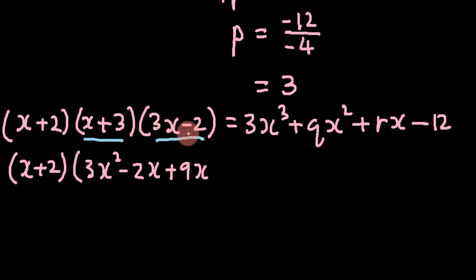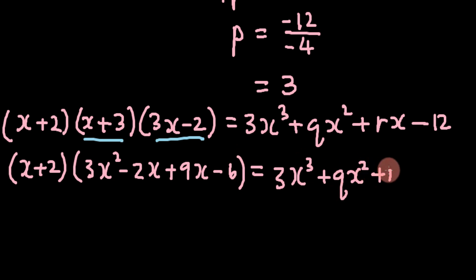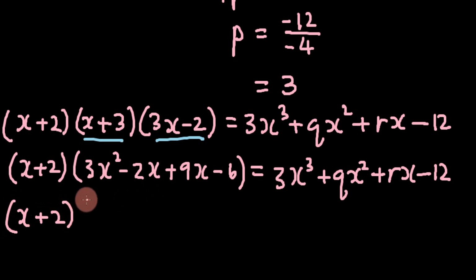And 3 times -2 is -6. We can simplify inside the brackets here. We can add like terms. So -2x plus 9x is positive 7x.